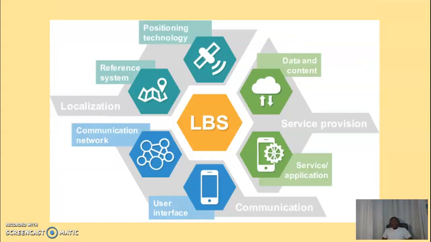Other GIS applications are location-based services, which provide localization services or service provision and communication services, such as data and content personalization based on location. For example, currency on Amazon can be defined directly based on my location.